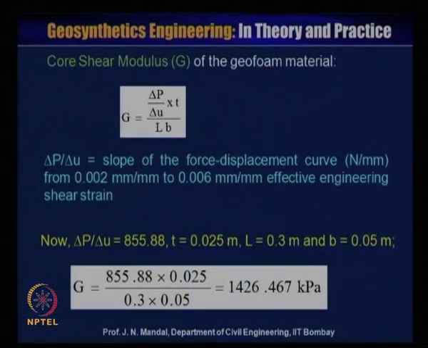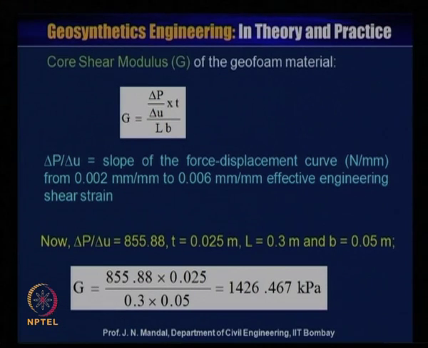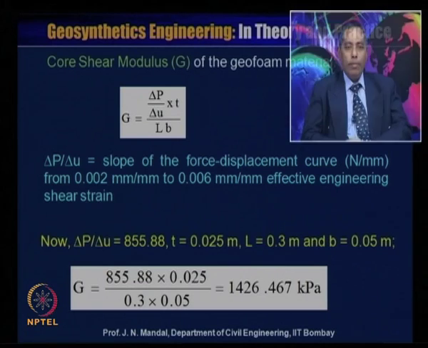Now, the core shear modulus, that is capital G, of the geofoam material. G is equal to delta P by delta U into T divided by L into B, where delta P by delta U is the slope of the force displacement curve, in Newton per millimeter, from 0.002 millimeter per millimeter to 0.006 millimeter per millimeter effective engineering shear strain.